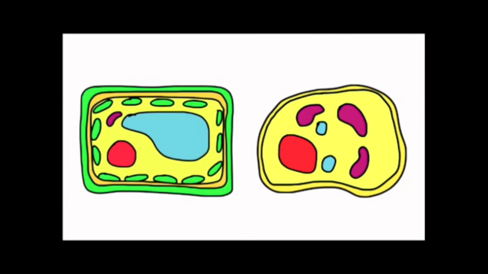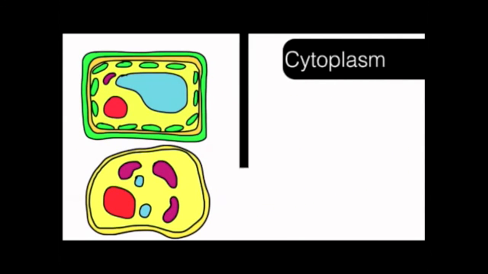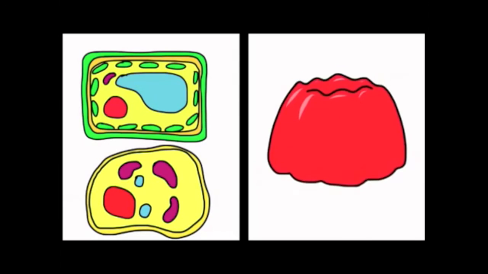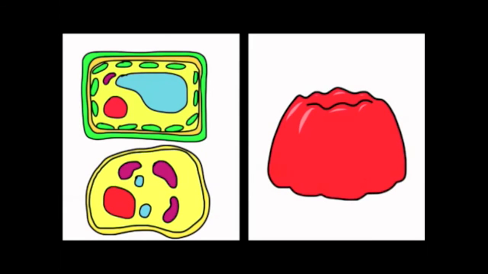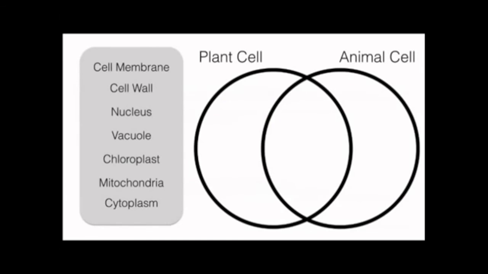All organelles are suspended inside of a gel-like substance called cytoplasm. Just like a gelatin dessert with fruit inside, a cell has cytoplasm with organelles inside. Plant and animal cells are both similar and different.